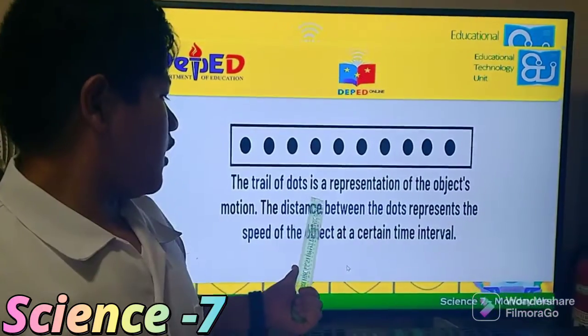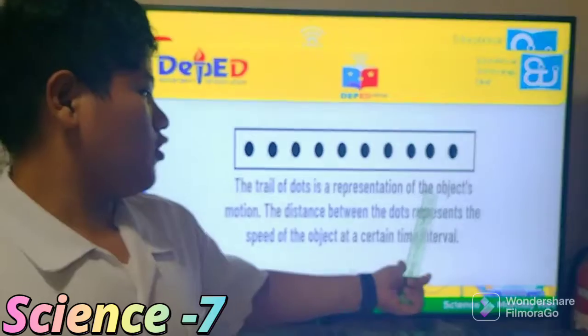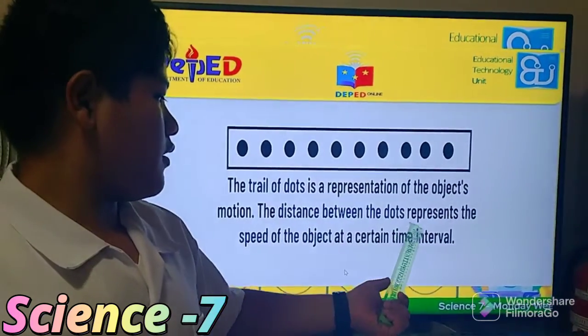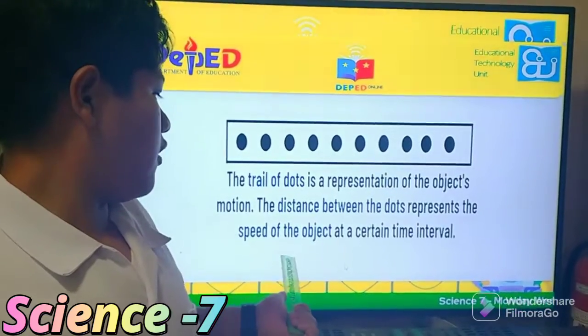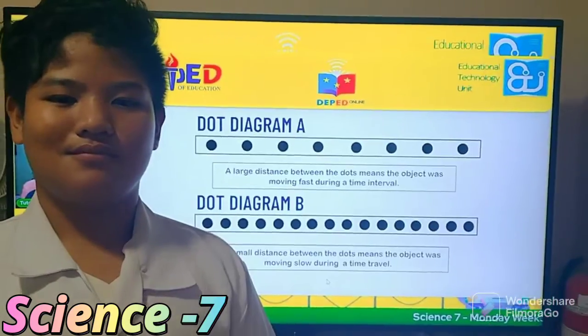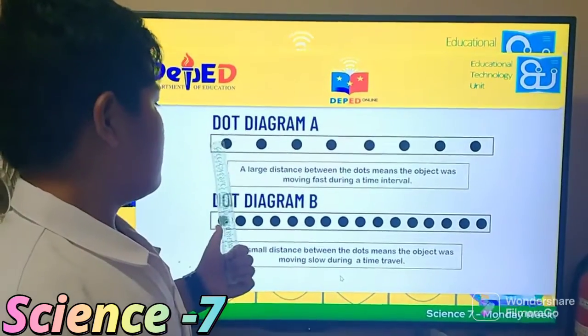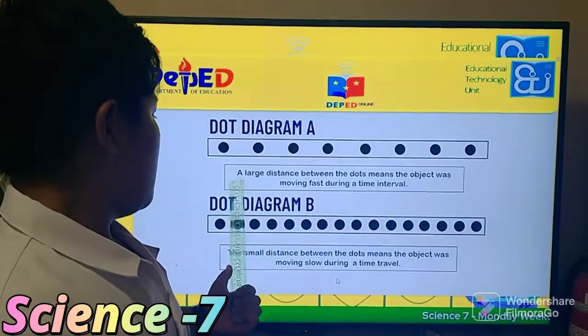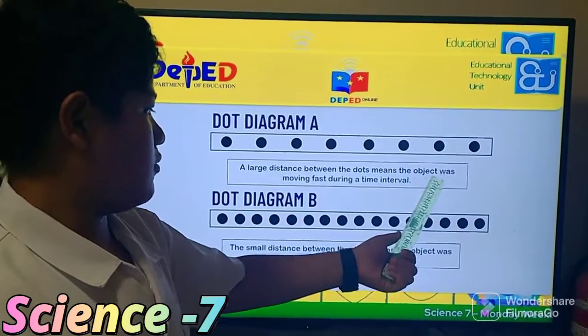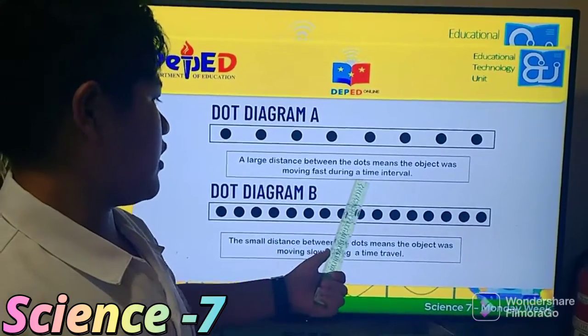The trail of dots is a representation of the object's motion. The distance between the dots represents the speed of the object at a certain time interval. Dot diagram A. A large distance between the dots means that the object was moving fast during a time interval.